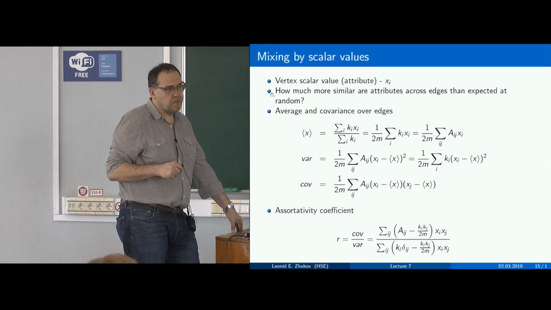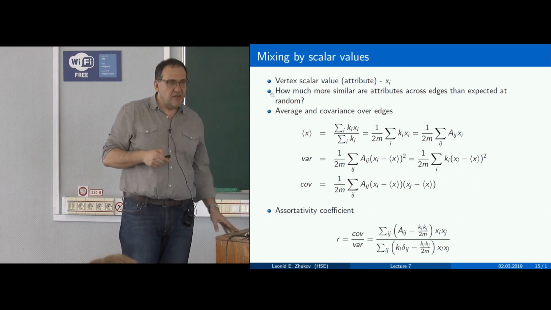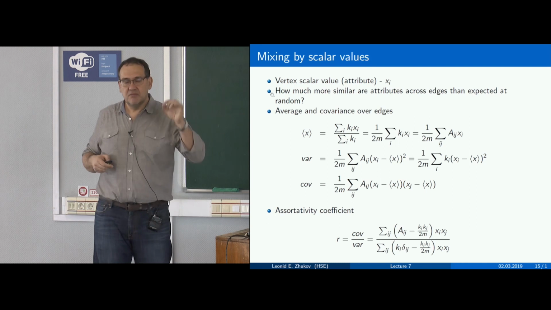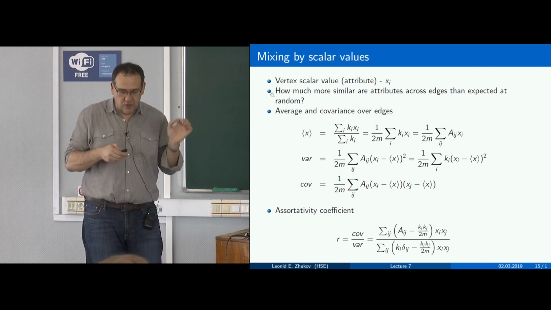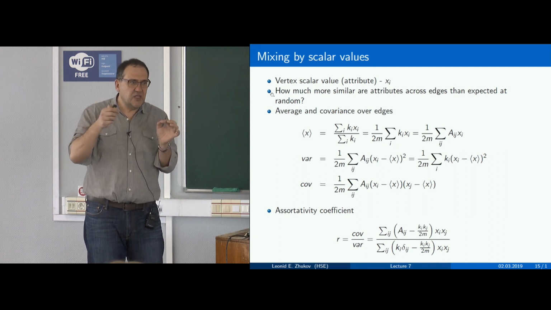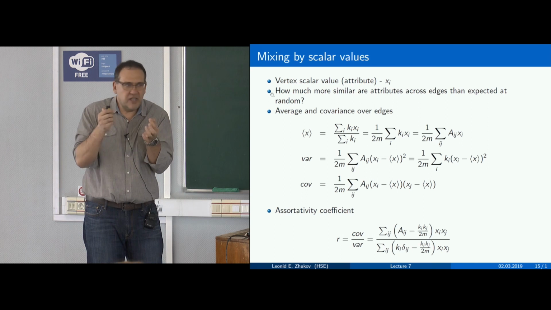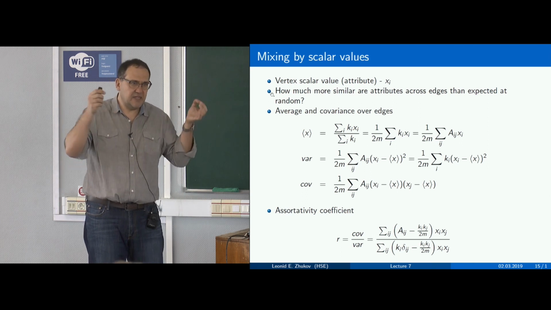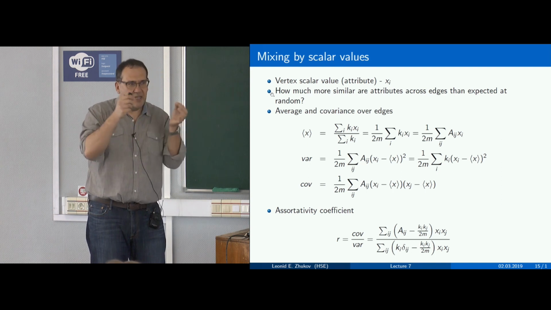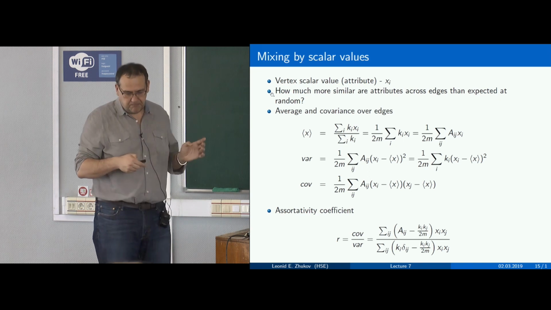All right? So, bottom line, if you have categorical attributes, labels on the nodes, and you want to see if the connections are balanced, or if there is any bias in terms of one type of nodes connecting more with the same type of nodes than with other nodes, you calculate this modularity.